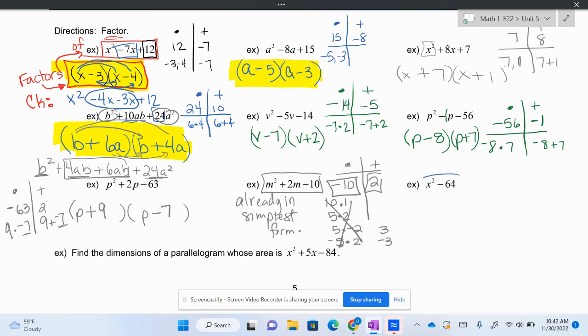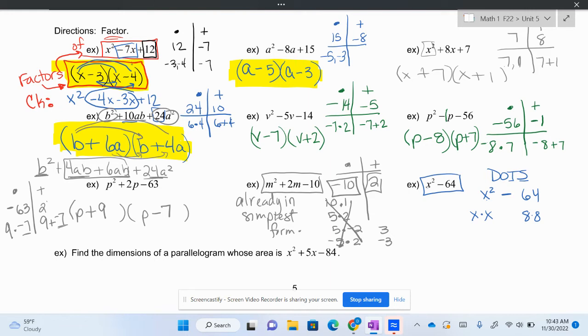What about this one? Well, this looks like a difference of two squares. Difference means a subtraction problem of two squares, x squared and 64. X squared is made by taking x times x, and 64 is made by taking 8 times 8. So these are perfect squares, right?